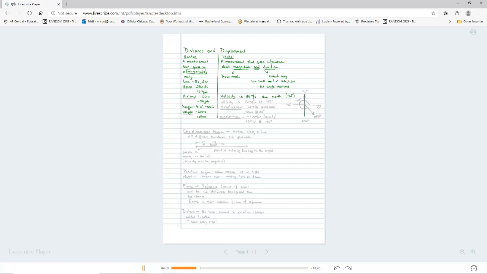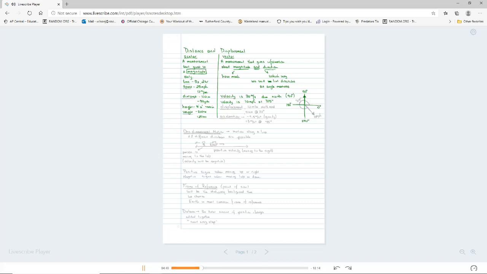Because when you're doing angles, just to refresh your memory, this is 0 degrees, this is 90 degrees, 180 degrees, and 270 degrees. So due north would mean an object that is moving straight north. We could also have a velocity, something like this. Velocity is 10 miles per hour at 315 degrees.